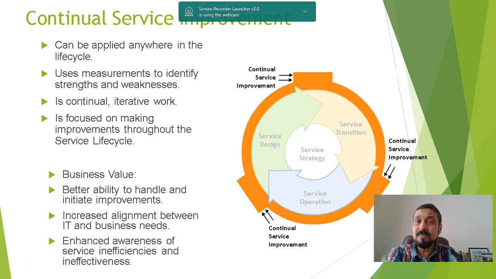What KPIs to measure? KPIs stand for Key Performance Indicators. What KPIs to measure in order to identify strengths and weaknesses? What KPIs are not able to meet the threshold is what you're looking at. It is continual, iterative work. It happens all the time in the background, and it is focused on making improvements throughout the service life cycle.